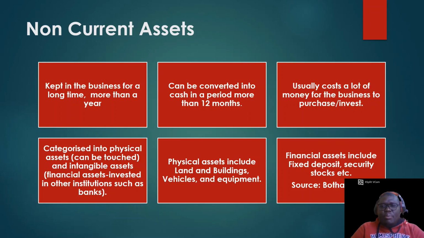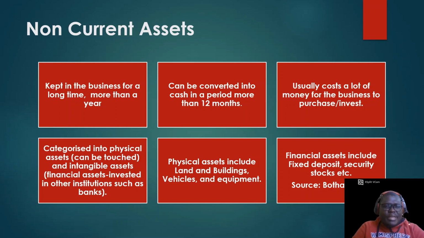And people who are employed to run organizations that have such resources don't just take decisions on their own to buy those assets. Because these assets cost a lot of money, they end up having to consult with the board, the shareholders and so forth. So the people who run those businesses, your marketing directors, don't take decisions on their own. And this is because there is a lot of money involved in buying these non-current assets.